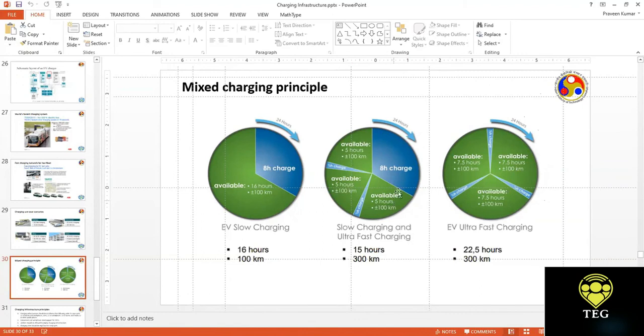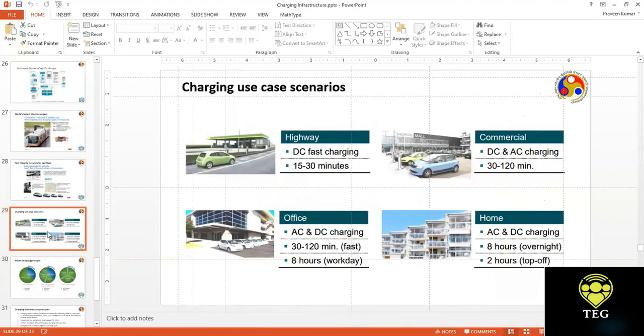Now if we want to go for this middle scenario, then if we look here, homes could have slow chargers which take up to 8 hours to charge the vehicle. And if we have DC fast chargers in commercial locations and offices, then that's enough.